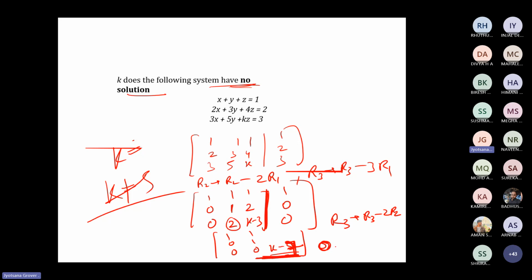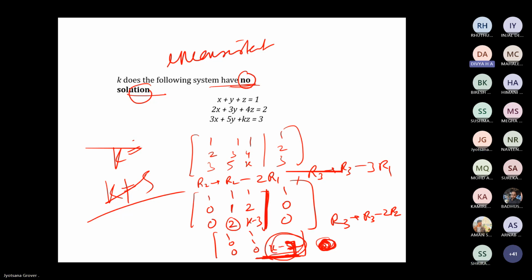If you don't want any solution, on the right hand side it should be non-zero. K should be 7 to get no solution? No, that would be infinite solutions. K is equal to 7 means infinite solutions. For inconsistent, it should be non-zero now.